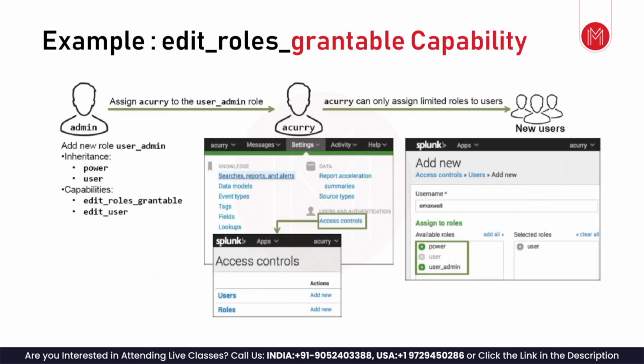So we will see in real time how it is going to work. I'll create some specific roles and assign whatever capabilities are required, so that we can see what exactly is happening. Now here, the admin with the edit roles grantable capability is trying to give some access.